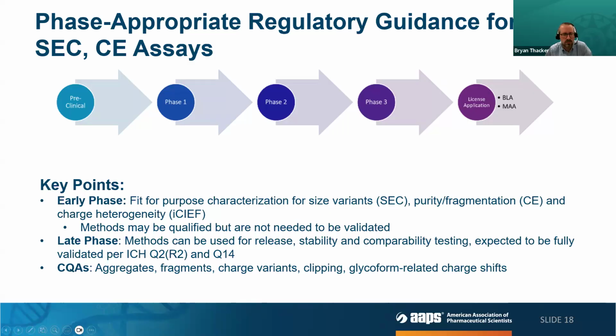They may be qualified assays, but need not be qualified. Later phase, according to ICH guidelines, expected to have fully validated methods to do these kinds of analyses. And again, we'll look at aggregation, fragment, and charge variance as we look at separation chemistries. Let's go to the next slide.